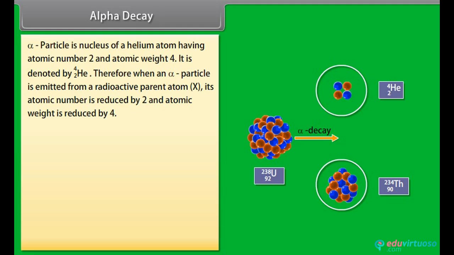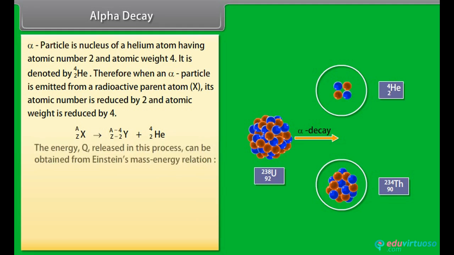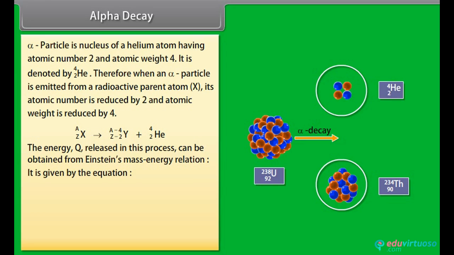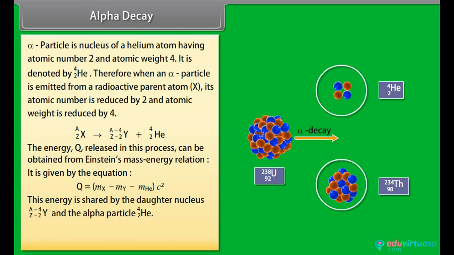The energy Q released in this process can be obtained from Einstein's mass-energy relation. It is given by the equation Q is equal to (mX minus mY minus mHe) times c squared. This energy is shared by the daughter nucleus and the alpha particle.